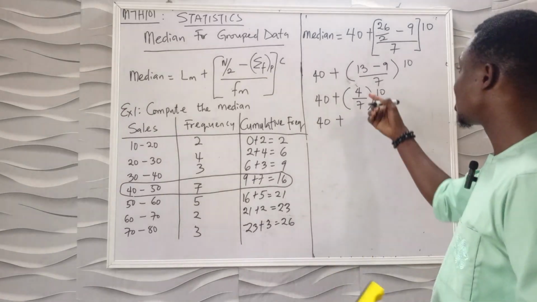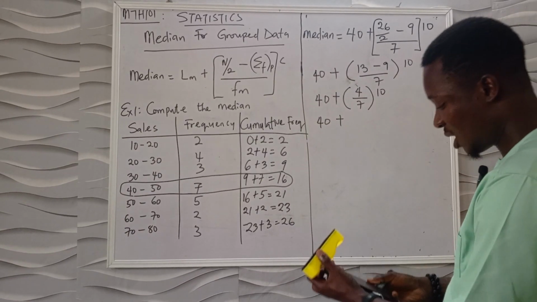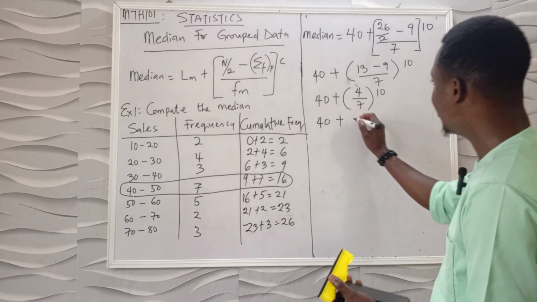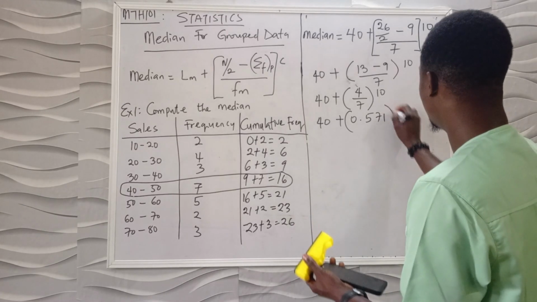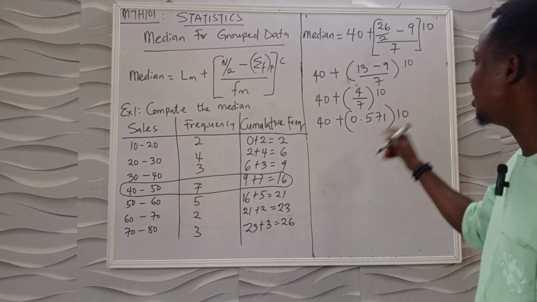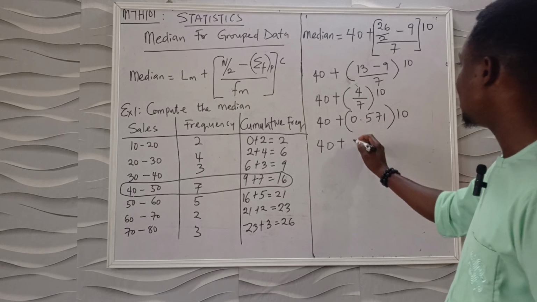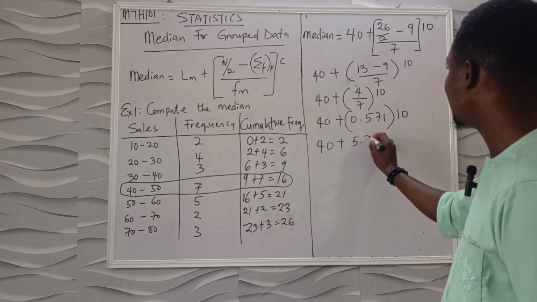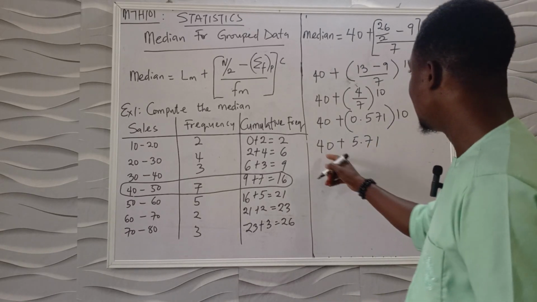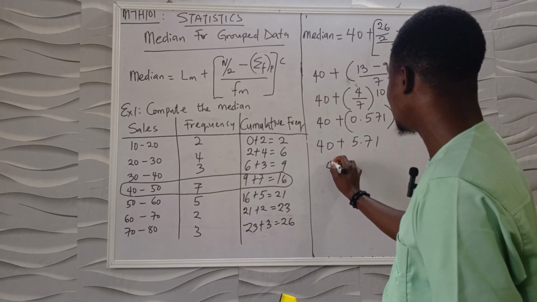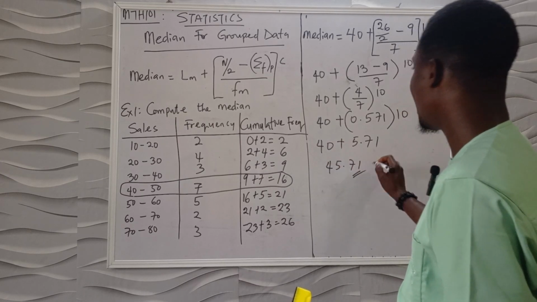We can just simply say 4 divided by 7, which is 0.571, multiplied by 10. So we now have 40 plus 5.71. By the time you use this to multiply this, you have that. So 40 plus 5.71 will give us 45.71.